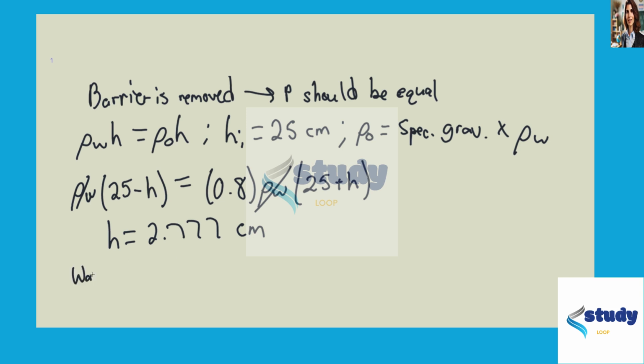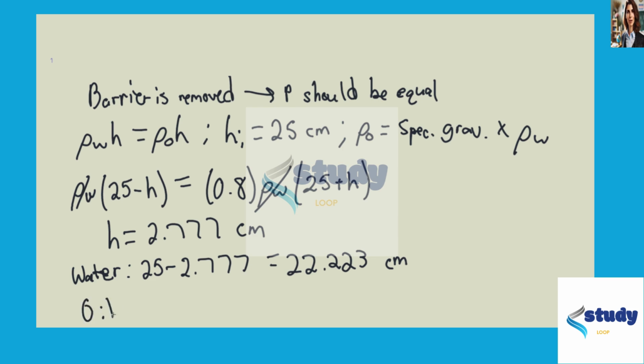The height of the water is decreasing, so this would be 25 minus 2.777, and this is going to be 22.223 centimeters.